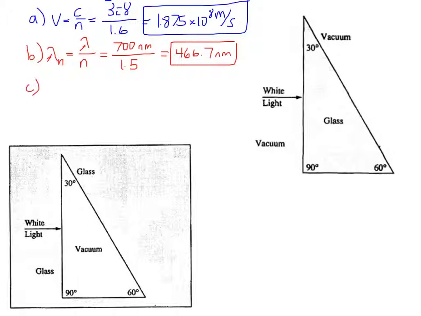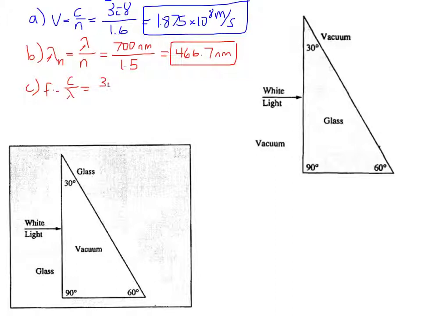And for part C, determine the frequency of the red light in the glass. So frequency is the thing that doesn't change when it passes from one interface to the other. So we can actually solve for the frequency of the red light in air, and then just say that the frequency stays the same when it's in the glass. So you have the equation c equals lambda f. If you just rearrange that for f, then f is equal to c over lambda.